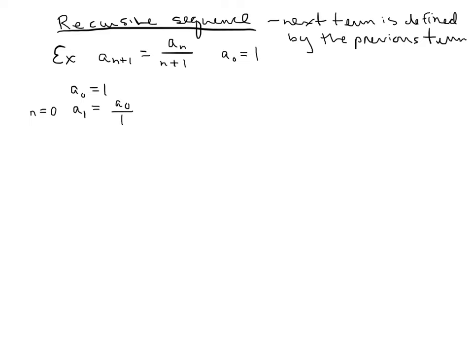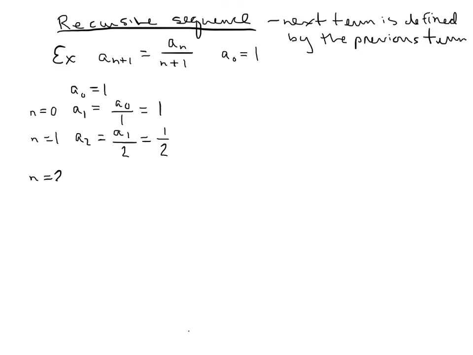And a naught was defined before this. It's 1. So I get 1. Then I plug in n equals 1. When I plug in n equals 1, I get a sub 1 plus 1. That's a sub 2. That's the next one. That's going to equal a sub 1 divided by 1 plus 1, which is 2. A sub 1, we just found to be 1 in the previous step, and so a sub 2 is 1/2.